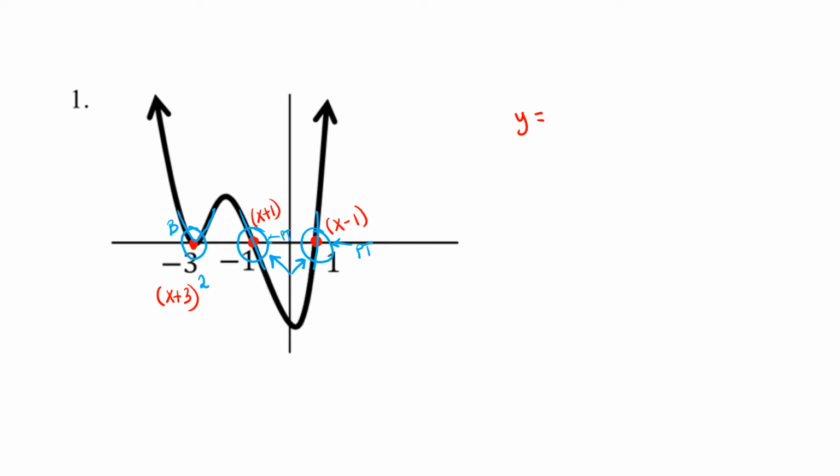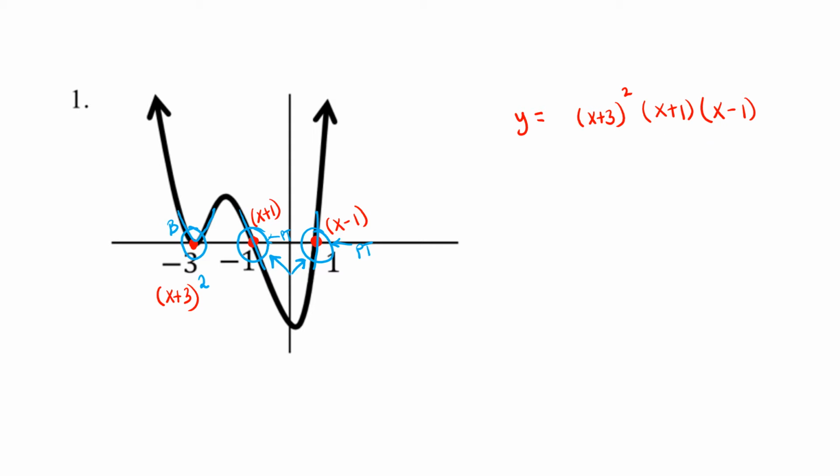There's an x-intercept at x plus 3, squared because it bounces at -3. There's an x-intercept at -1 that gives us a factor of x plus 1, and an x-intercept at +1 giving us a factor of x minus 1. We keep these two without exponents because that's what causes them to pass through.